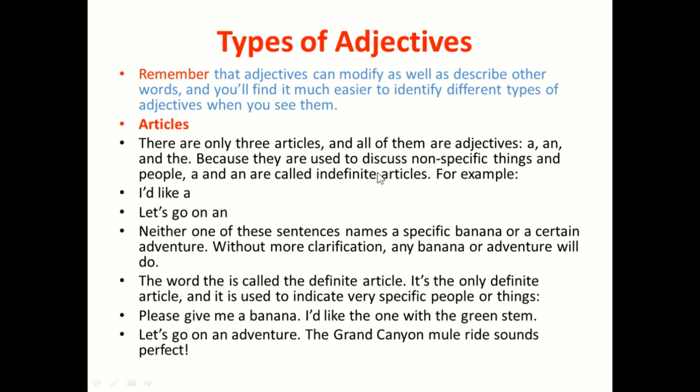Because they are used to discuss non-specific things and people, a and an are called indefinite articles. So here we have only 3, in which 2 are indefinite and 1 is the definite article, that is the. A and an both are indefinite articles.